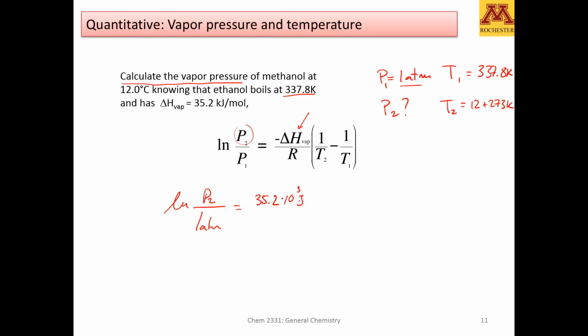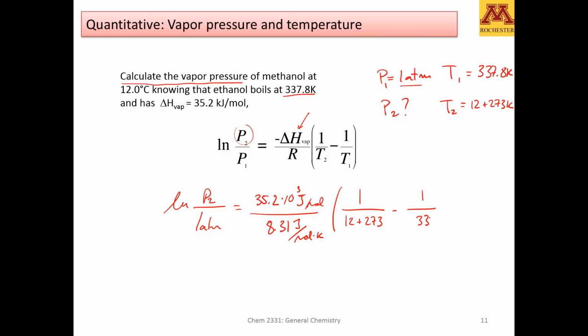Careful. Joules per mole divided by R. R is the gas constant, 8.31 joules over mole and Kelvin. How much is T2? It is 1 over 12 plus 273, minus 1 over T1, and T1 is, oops, this is negative.